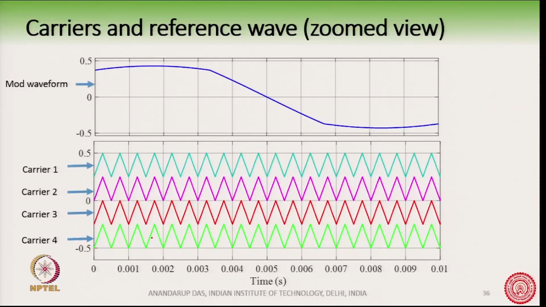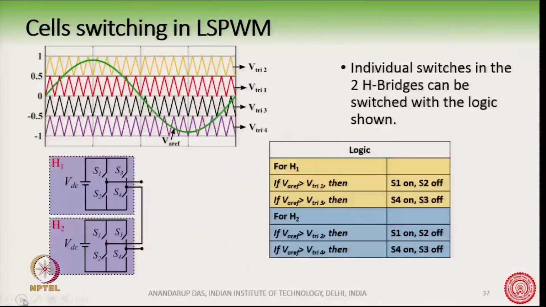In phase shift PWM, these carriers were slightly phase shifted, but in level shift PWM we see that all these 4 carriers are exactly the same, but they are vertically shifted from each other, and that is why it is called level shift PWM. We would like to see exactly how the switches in the cells are switching using the level shift PWM technique.